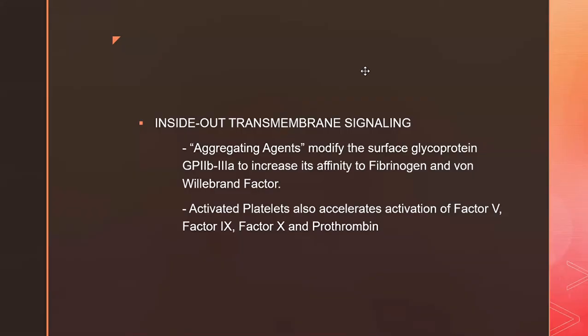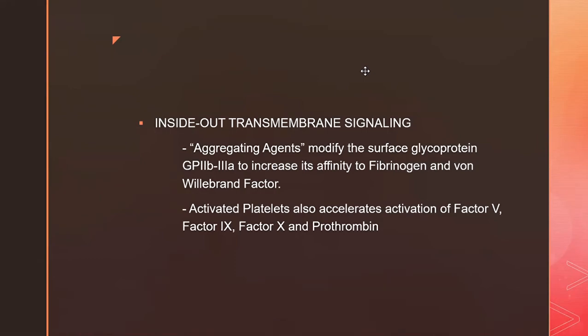Pwede rin makarelease ng granules na. Then third is your platelet aggregation with the help of your glycoprotein 2B3A and your fibrinogen and von Willebrand factor. Adhesion, release reaction, aggregation. Three most important steps.